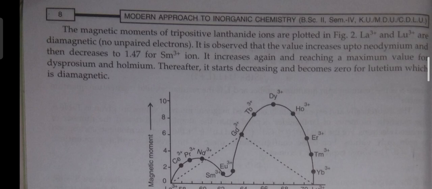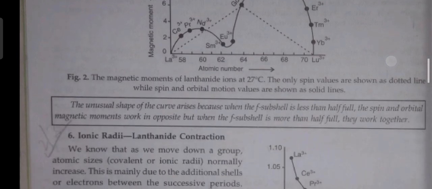It is observed that the value increases up to neodymium and then decreases to 1.47 for the Sm3+ ion. It increases again, reaching a maximum value for dysprosium and holmium. Thereafter it starts decreasing and becomes 0 for lutetium, which is diamagnetic.